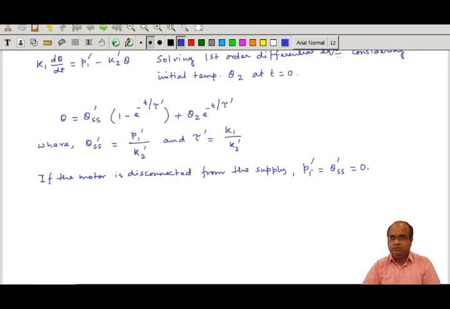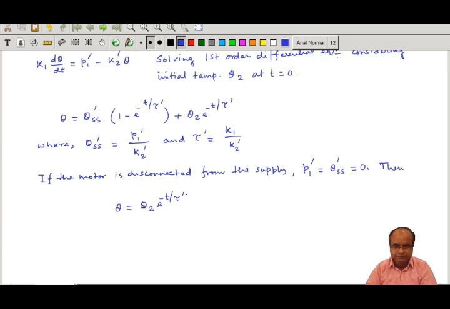All terms become 0, the steady state temperature becomes 0 and the power P1 dash will be 0. Then we can write theta equals theta 2 e to the power minus t by tau dash.